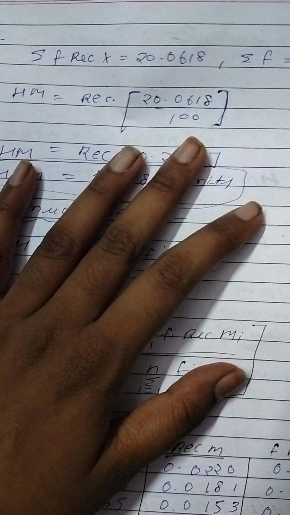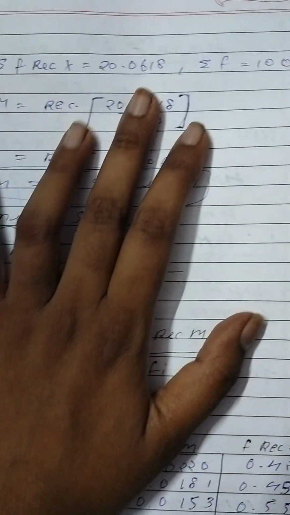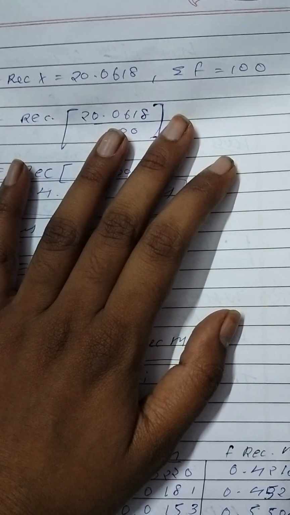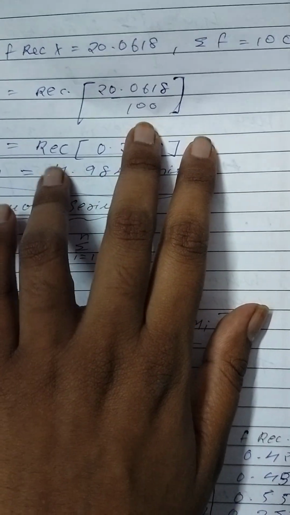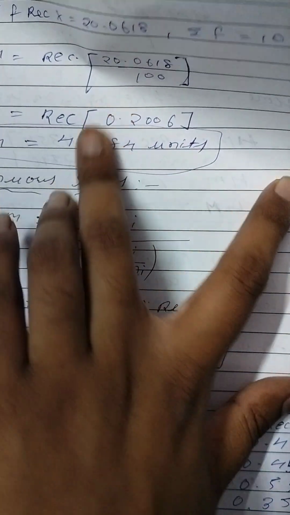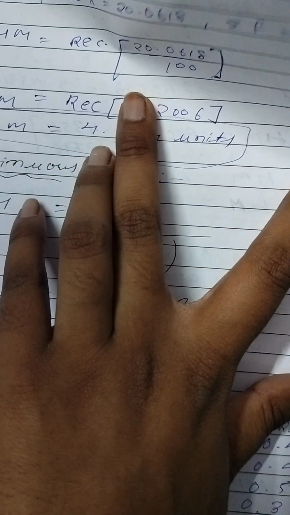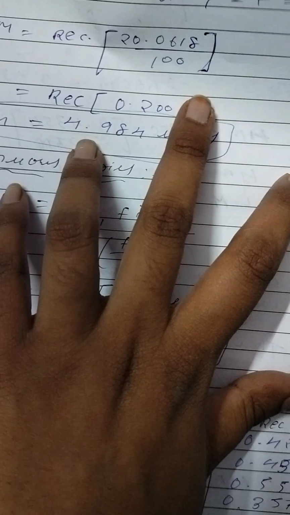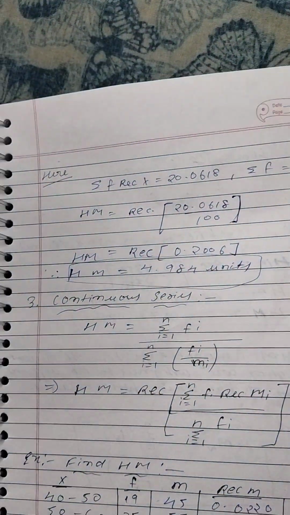Okay, and here we will put it in the formula where the summation of F into the reciprocal of X is there, and the summation of F is 100, and when you divide it all, then take the reciprocal again, where you can assume that 1 is there and put the 100 and then divide it and you get this answer. Okay, in the continuous series, what is the value?